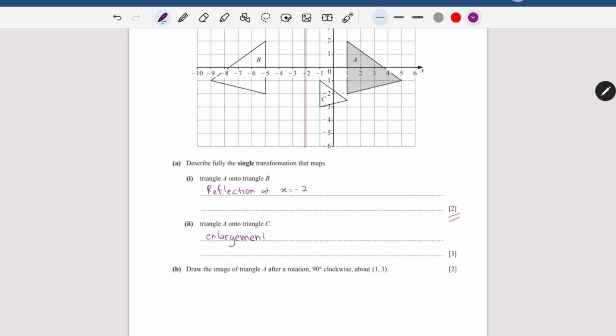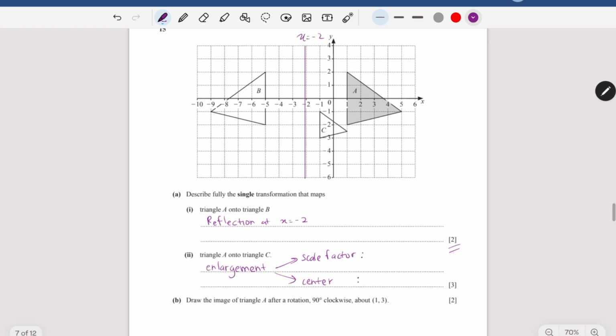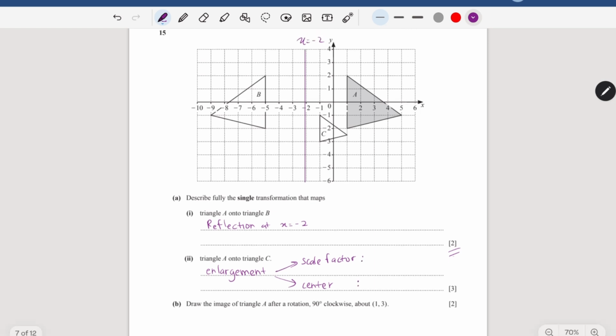When it comes to enlargement, something important is you need to know the scale factor. Enlargement with a scale factor of what? Another one is the center of enlargement. These two are important. So let's find the scale factor. Just now when we saw triangle A and triangle C, we know that triangle A is 4 units. When we calculate the distance, this one is 1, 2, 3, 4.